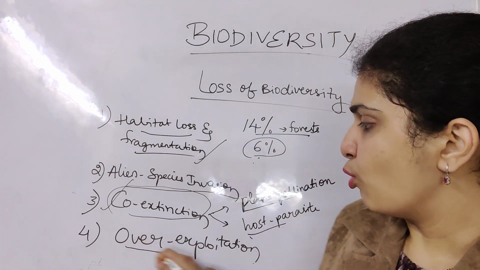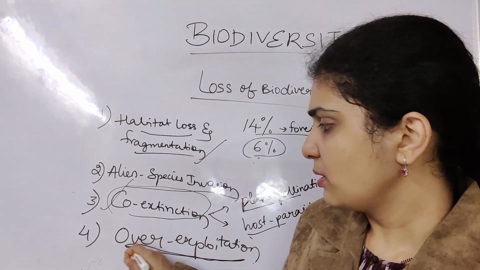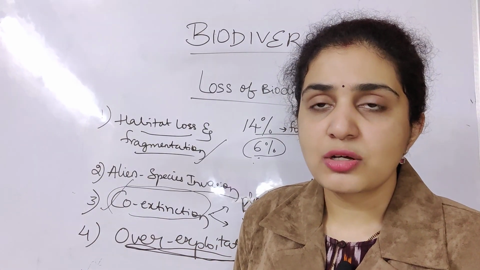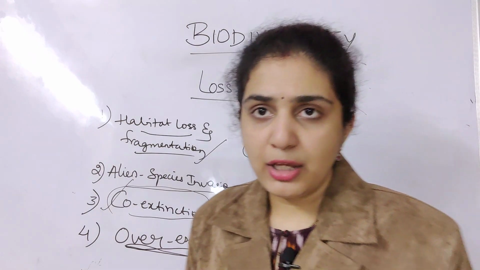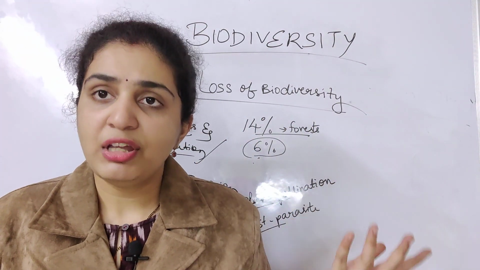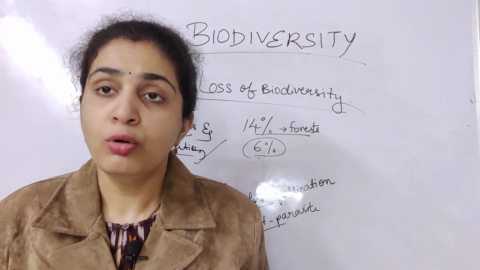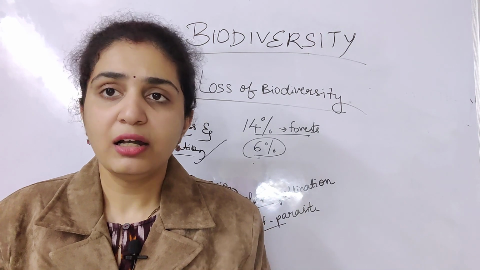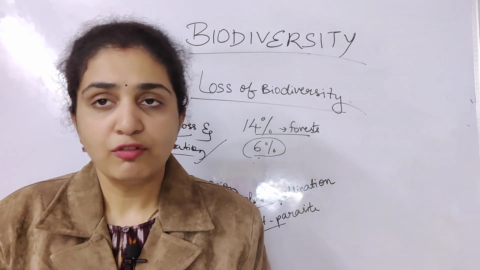Next, when you come to over exploitation, this is also another important cause. Over exploitation means what? We humans need food, water, and shelter to survive. So what will we do in forests also? We will build numerous houses and all in forests also.